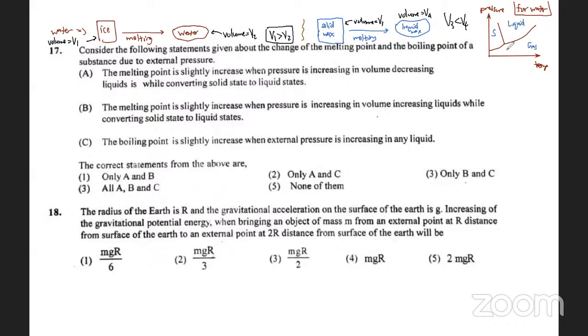So this is the line which helps us compare the melting points. Now look, I'll put two pressures, P1 and P2. For this pressure, this is the melting point, and for this pressure, this is the melting point. Here we have T1, T2. Got it? So what is T1? T1 is the melting point at pressure P1.